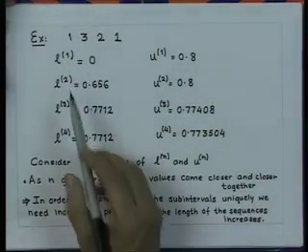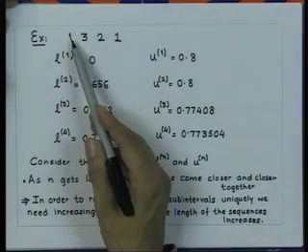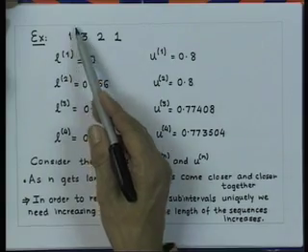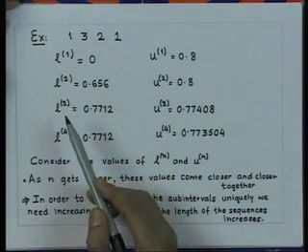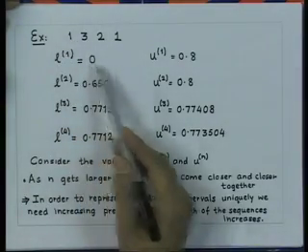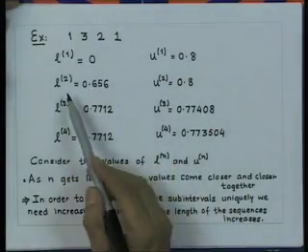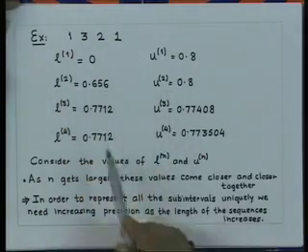Consider values of ln and un in the example which we had discussed earlier for the generation of the tag. So, the values which we had obtained are shown here. At step number 1, when we have received the first symbol in the sequence, that is 1, the lower limit is 0 and the upper limit is 0.8. After we have received the symbol 3, the limits are shown here.